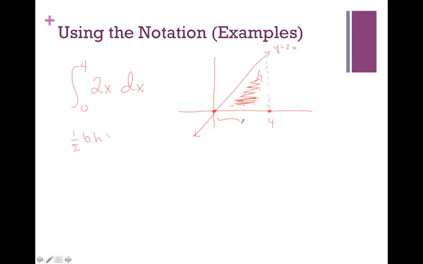The base is 4 minus 0, which is 4, times the height, which is the height of the function at f of 4, because that's where the function needs to stop. We know f of 4, 4 times 2 is 8, so it's 8. If we do 8 times 4 is 32, divided by 2 is 16. So the answer to this statement is 16.